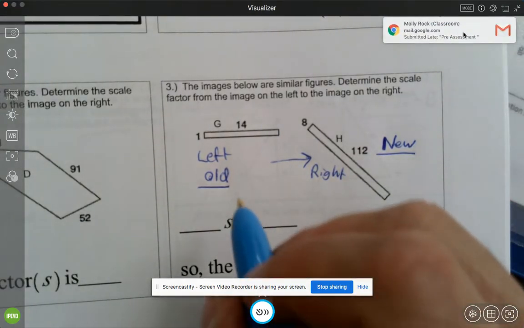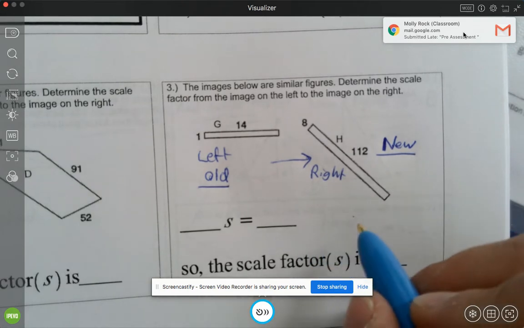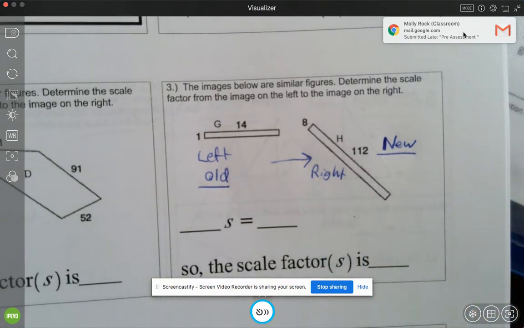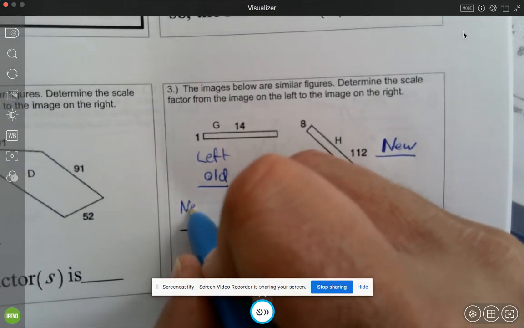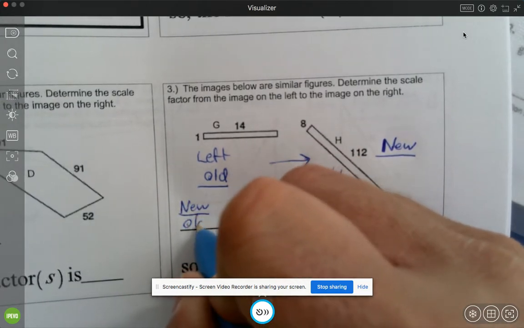So the next step is to follow the formula for scale factor, which is new divided by old.